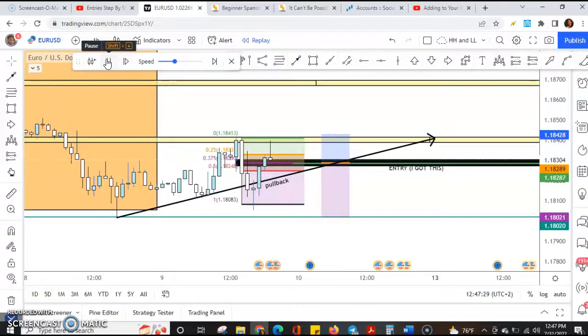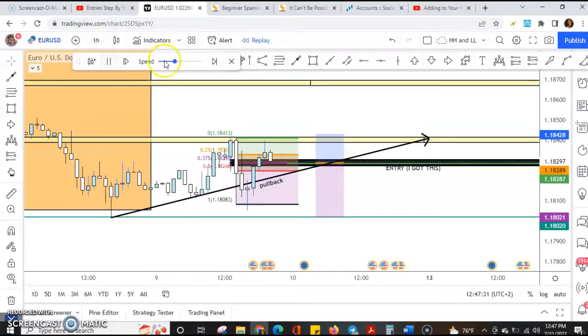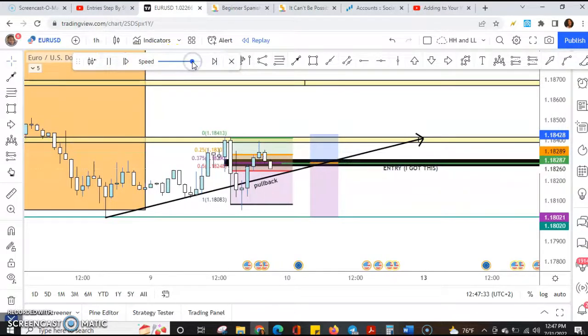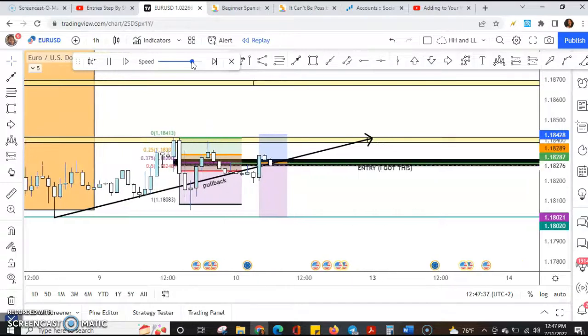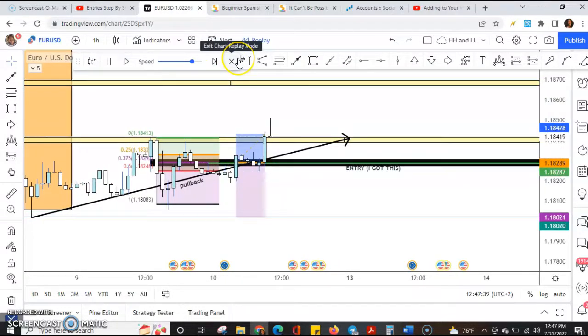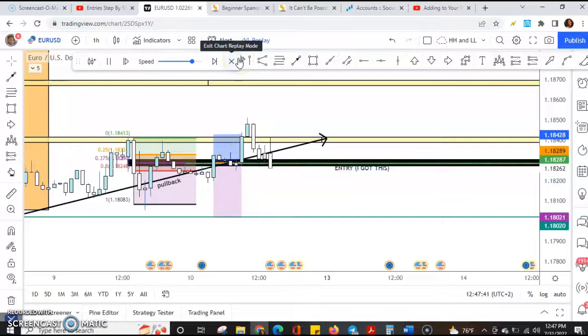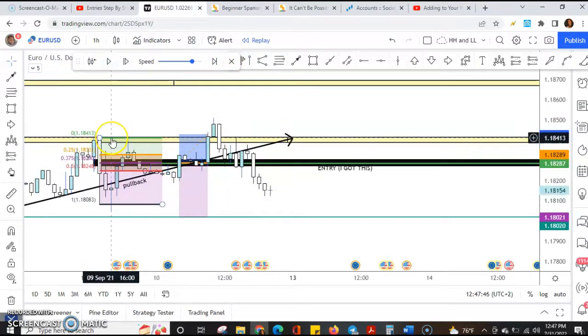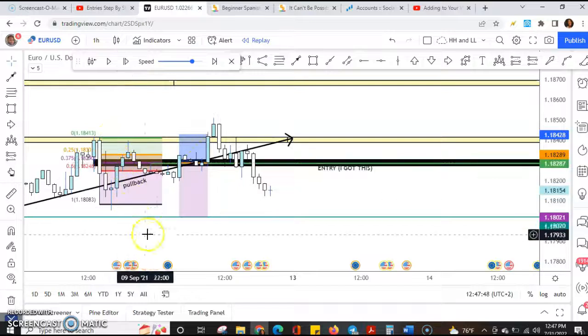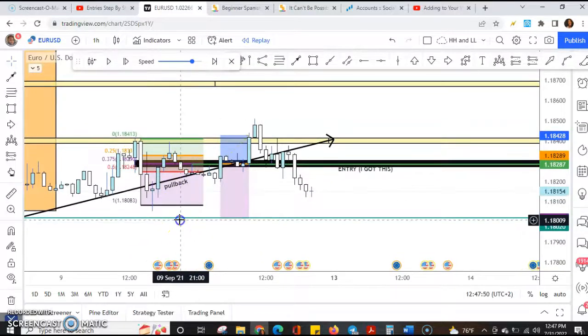Now, I had this zone marked because I believe this market goes up a little bit higher, if I'm not mistaken, because I want to show you guys. Yes, it does. So for this particular case, I would have been knocked out of the trade because my TP was down here.